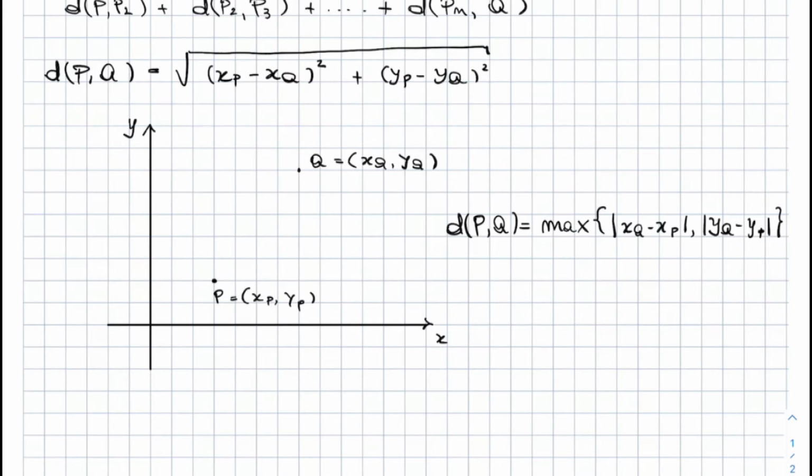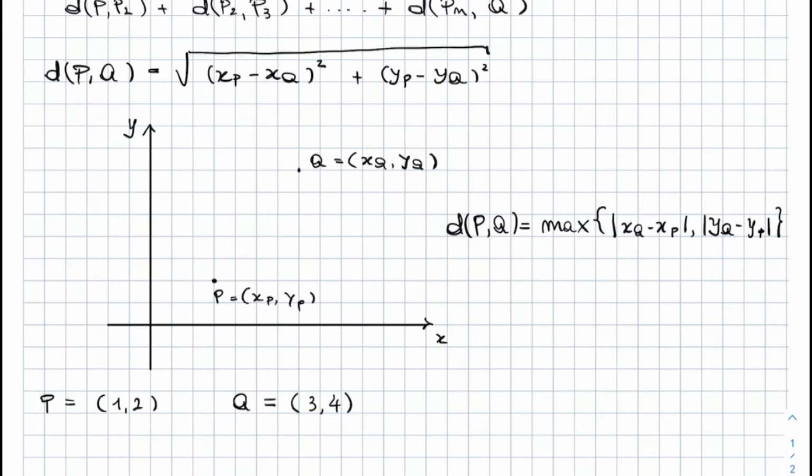So for example, let's say that our point P has coordinates 1, 2, and our point Q has coordinates 3, 4.